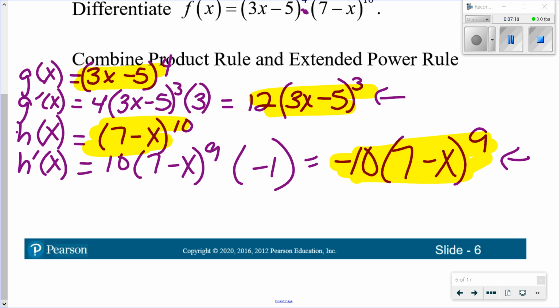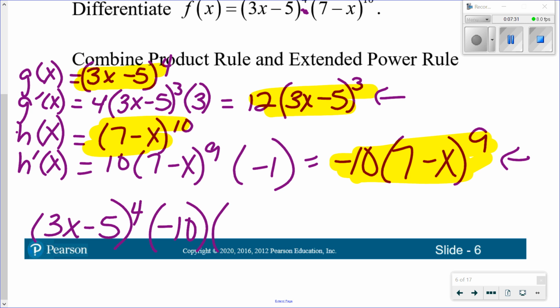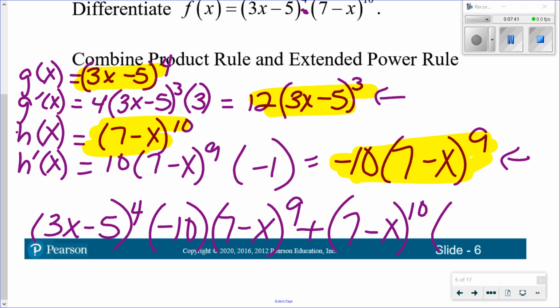So product rule says first leave it alone, so that's our G. So we have (3x minus 5) to the fourth. First leave it alone, times the derivative of the second. Well, that's our negative 10 times (7 minus x) to the 9th, plus the second, leave it alone, (7 minus x) to the 10th, times the derivative of the first, which is 12 times (3x minus 5) cubed.